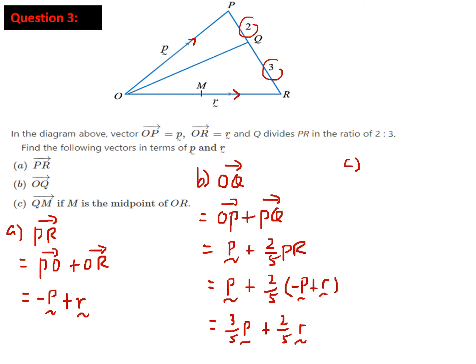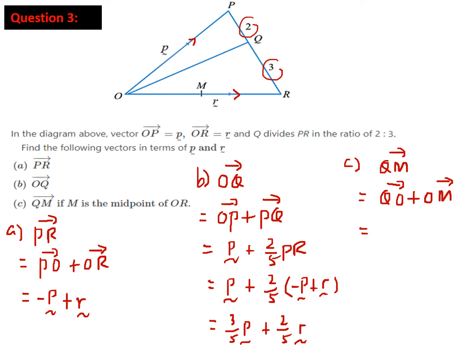C. The vector QM, if M is the midpoint of OR. By using the triangle law, vector QM is vector QO plus vector OM.